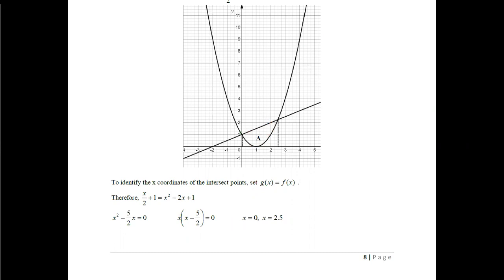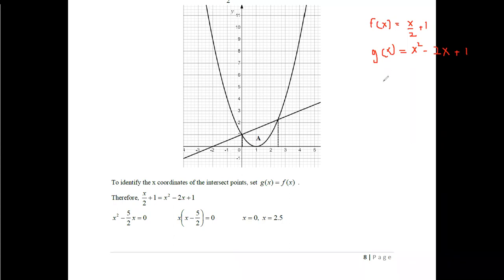And if I write the values here, the value of f(x) was identified as x divided by 2 plus 1. The value of g(x) was identified as x squared minus 2x plus 1.